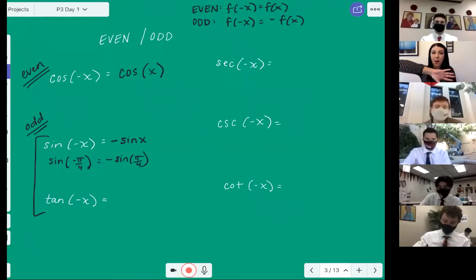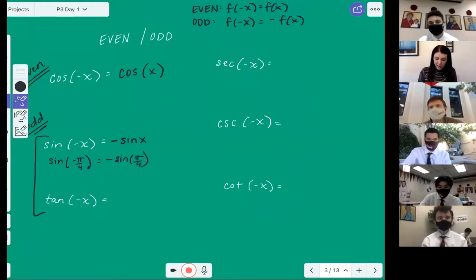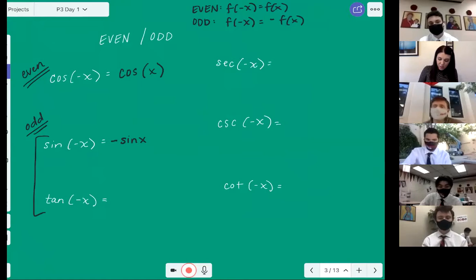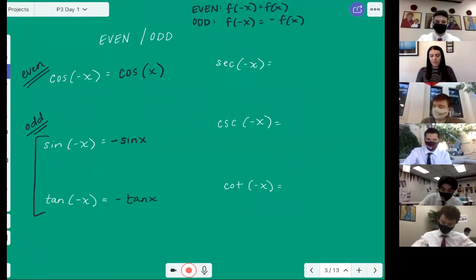That's exactly the same number, it's just negative, as if I did sine of regular pi over 4. So you can visualize some of those examples, and that can help you remember which one is even and which one is odd. Tangent is also odd, meaning tangent of negative x is the same as negative tangent of x.